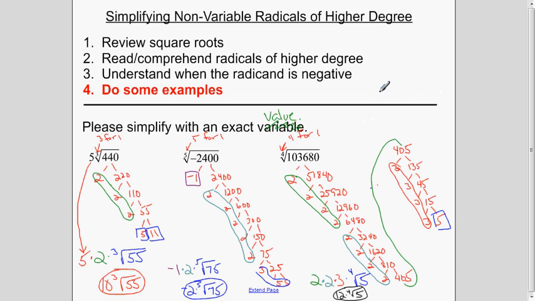If you have the nth root of x to the n, it will be equal to x, okay? So when you're doing the nth root, we want to be able to account for n factors. So if you have the 7th root, you'll look for 7 factors to pull out. If you have 5th root, you'll look for 5 factors to pull out of the radical.